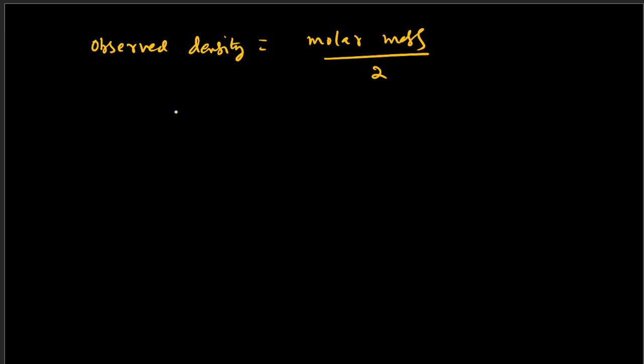So here the observed density is equal to molar mass divided by 2. So I can write molar mass equal to 2 into vapor density.